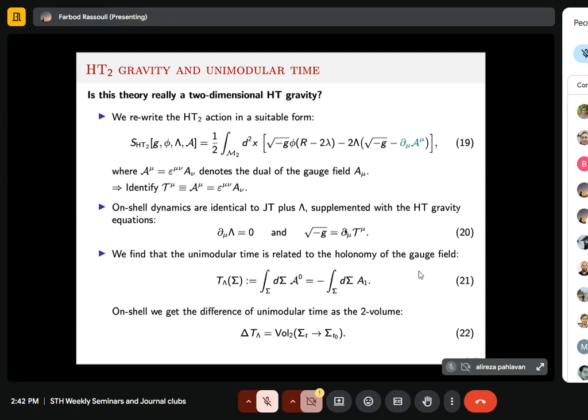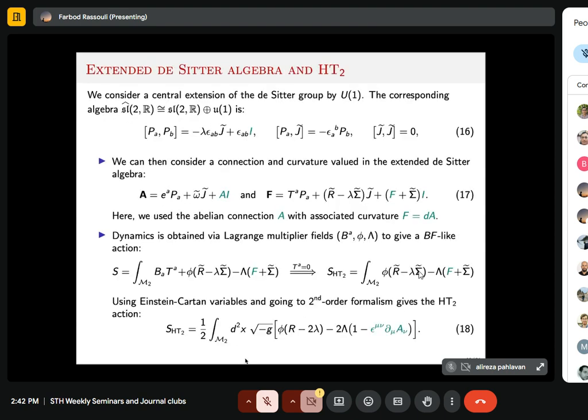Can you say what would be the corresponding transformation in 19 that would give you back SL2R, or let's say JT? Is it obvious to you? Yes, in the algebra it is clear, but how about in the action?